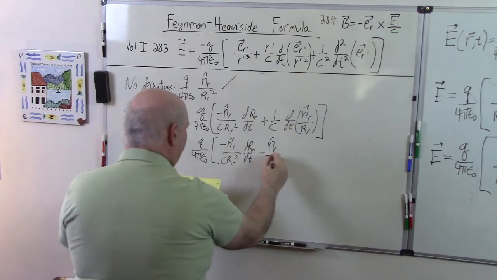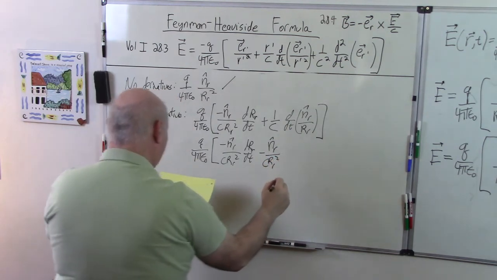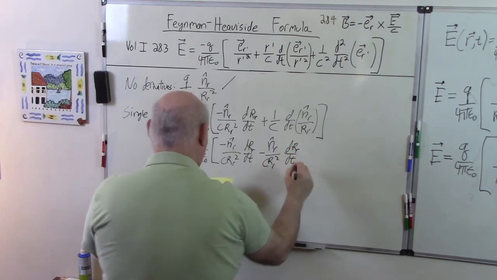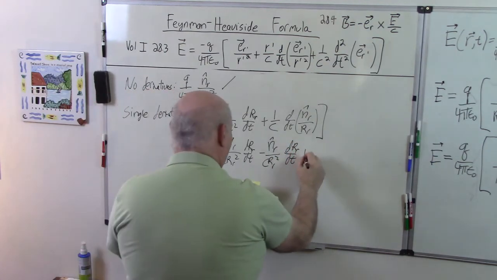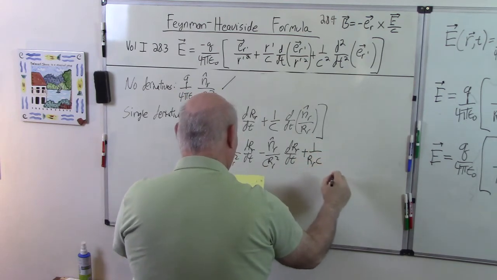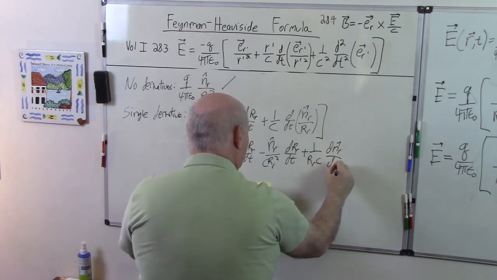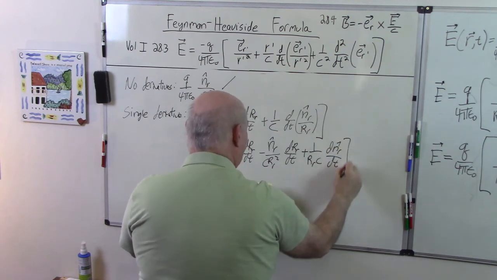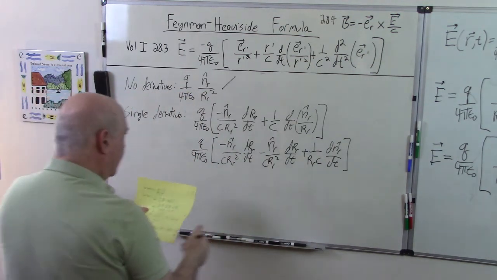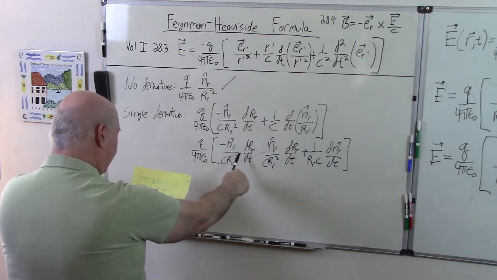Now we just use the quotient rule here. r_r squared d r_r dt plus 1 over r_r c d n_r hat dt. And so these two terms are the same. They can be combined and we just get a 2 there.